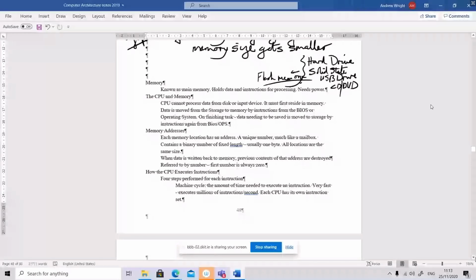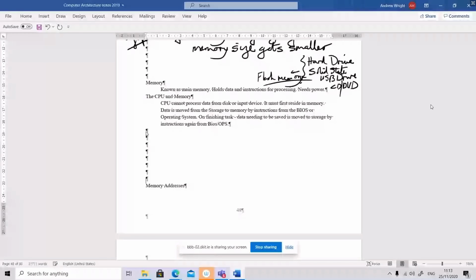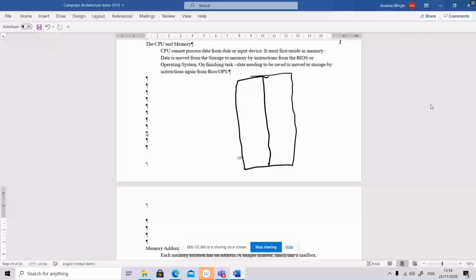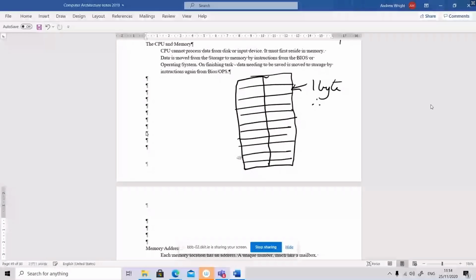So memory, if you like, holds data, and we have a memory system that consists of a series of boxes, boxes of the same size. In fact, all the boxes are usually 1 byte, i.e. 8 bits.